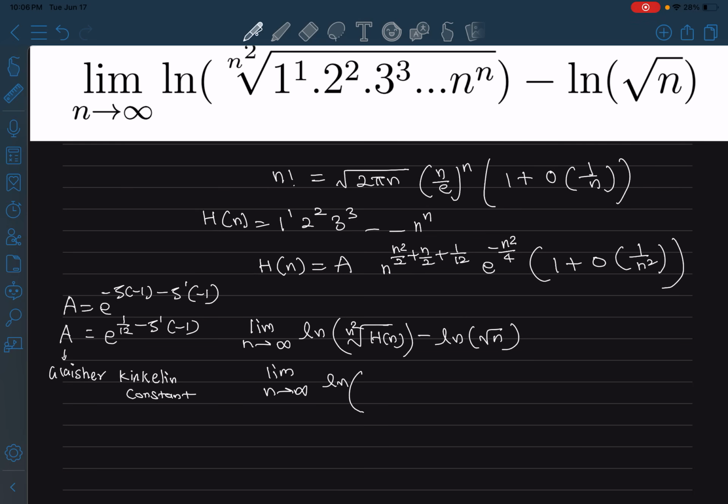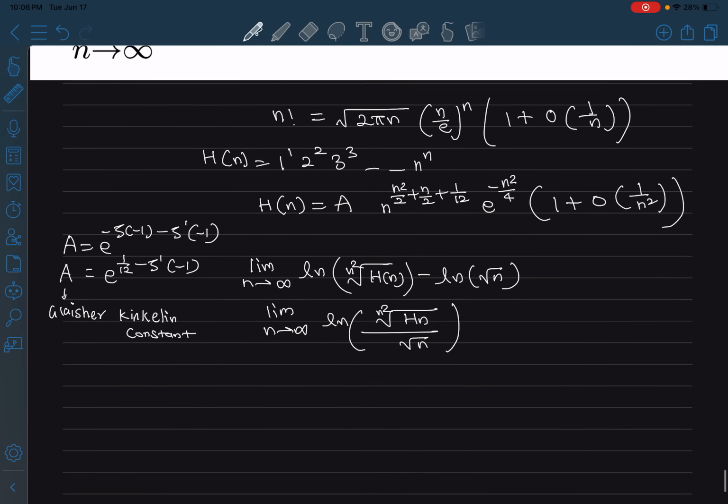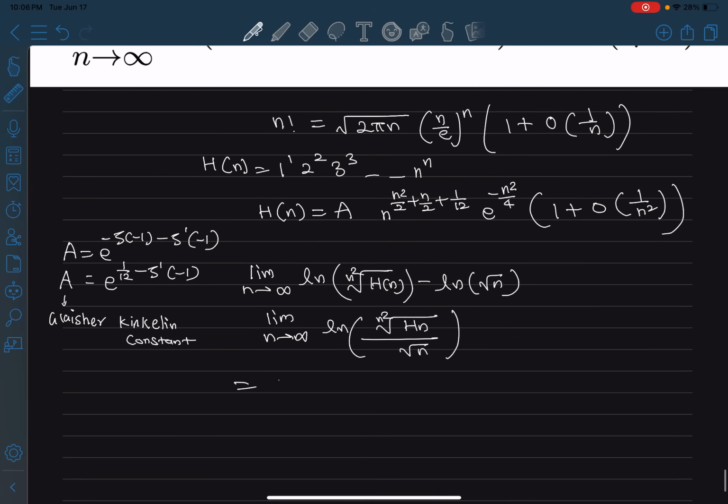Since n is going to infinity, I can substitute Hn with its asymptotic formula, which is A times n to the power (n squared by 2 plus n over 2 plus 1 over 12), times e to the power minus n squared over 4, divided by the square root of n.